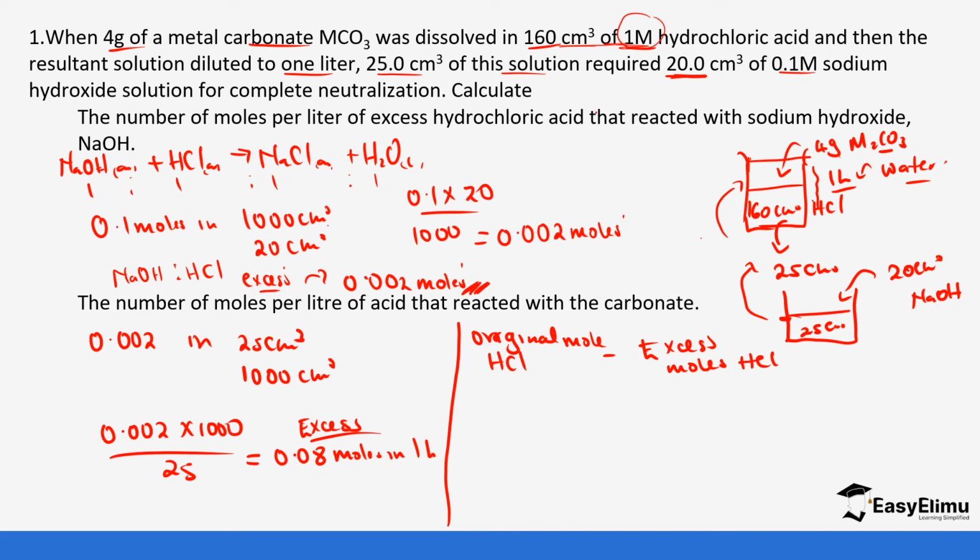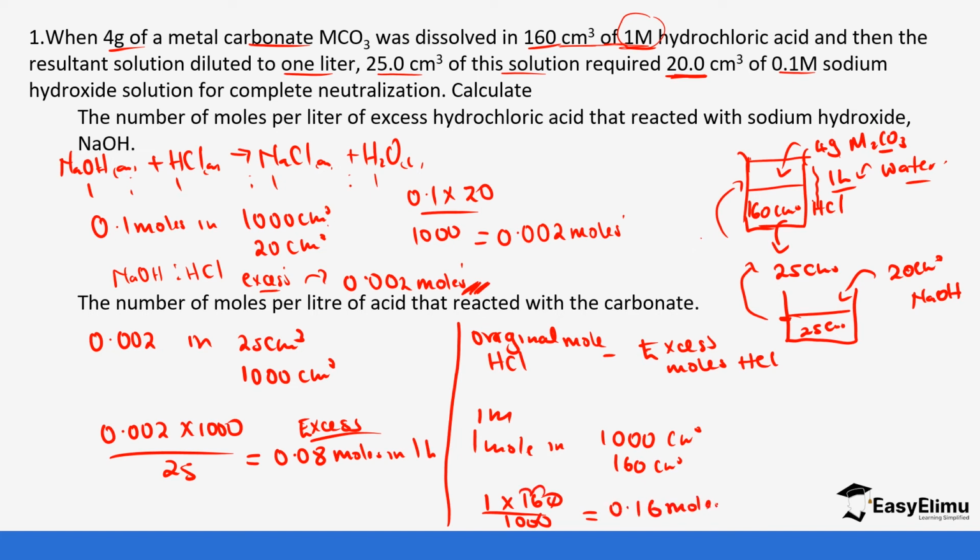So let's get the original moles. So we know 1 molar means 1 mole in 1000 centimeters cubed. So what about in the 160 centimeters cubed? Remember, 160 centimeters cubed is what we have. So it's 1 times 160 divided by 1000, which gives us 0.16 moles.